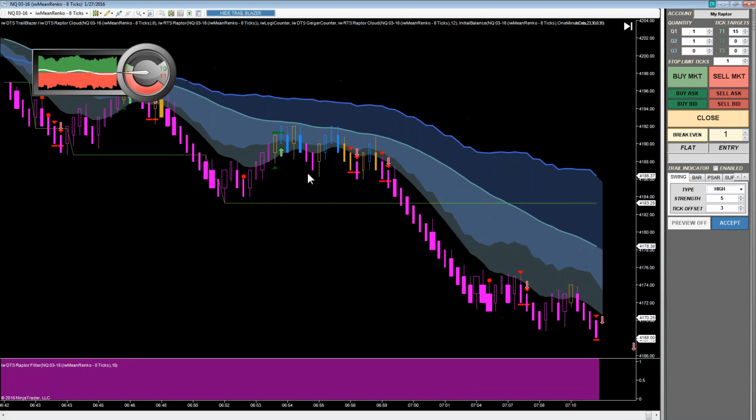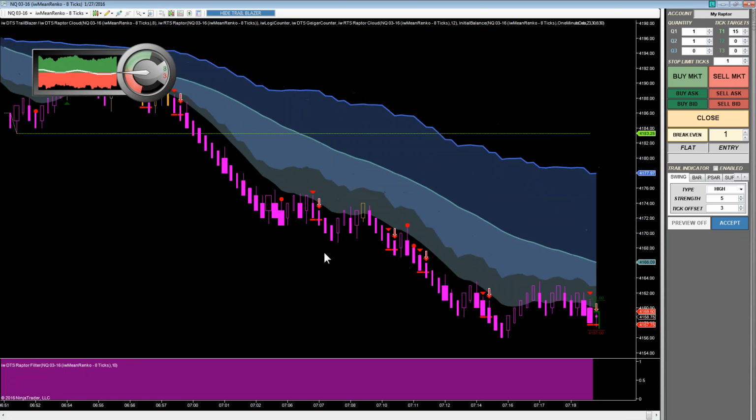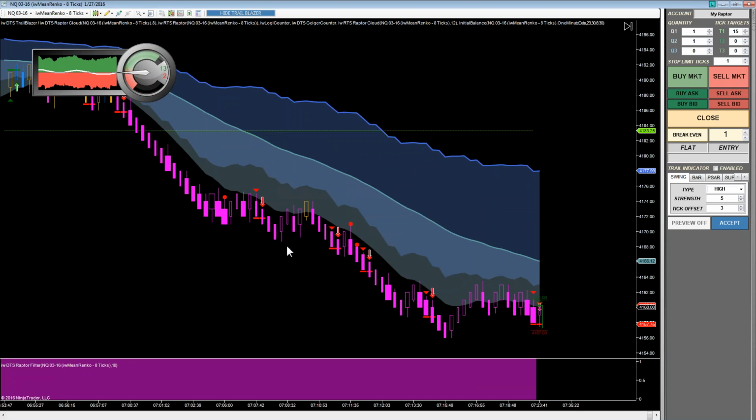Here's the Raptor with a nice hard edge bounce signal. Excellent progression on that. The clouds are starting to get very wide now on the Raptors. This is usually when we anticipate what we call the soft edge buy, and perhaps a retracement to one of these hard edges. So we'll take a look here.